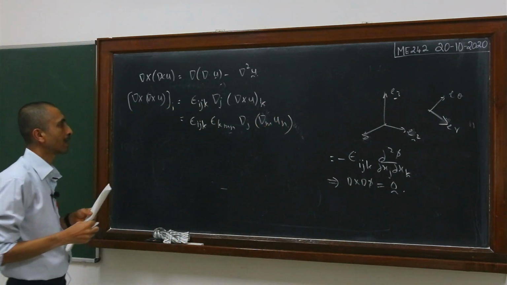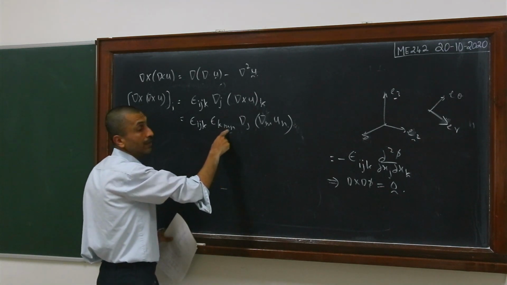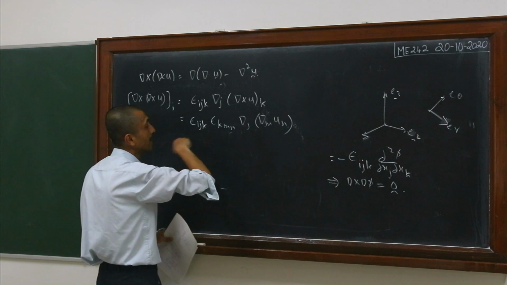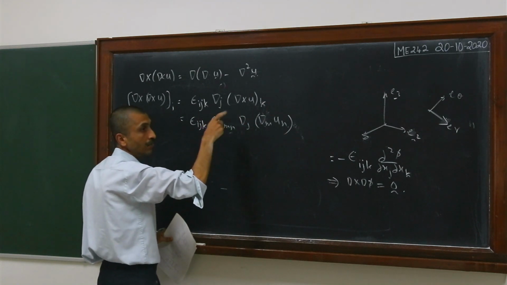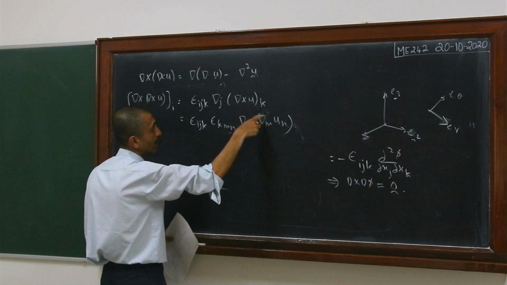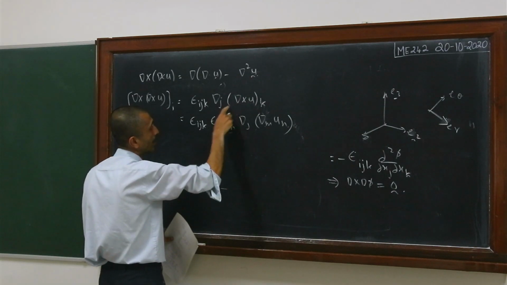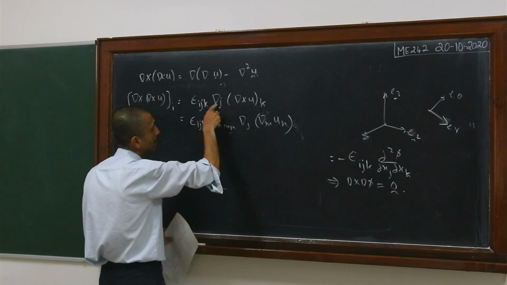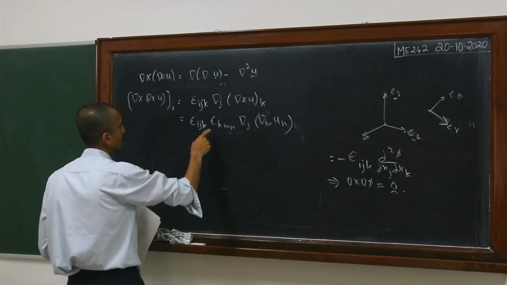Now one important thing to remember here is that this epsilon can be taken outside the differentiation sign. That is because these epsilons are just constants. They are either 1, -1 or 0. So we can take them outside the derivative sign whenever we are writing these epsilons. Here the epsilon kmn was inside this derivative sign, but we can take it outside, as I said.